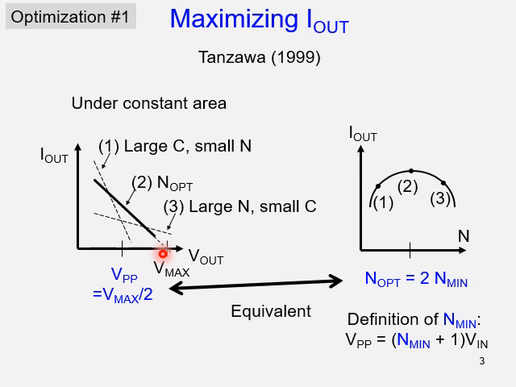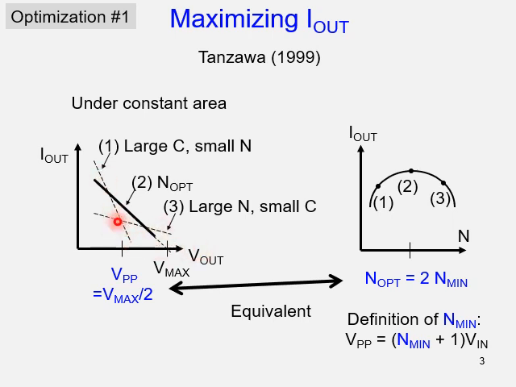Therefore, as the number of stages increases, the slope becomes more gentle and the x-intercept increases.